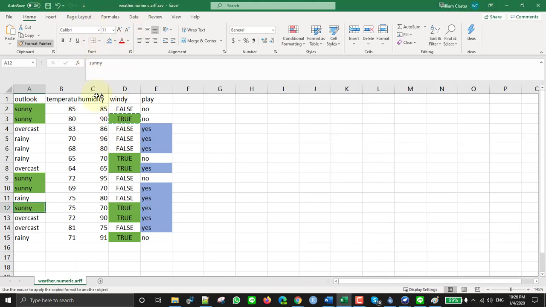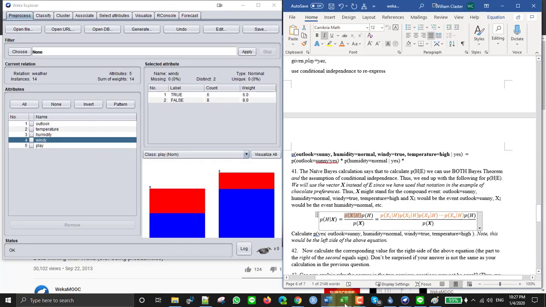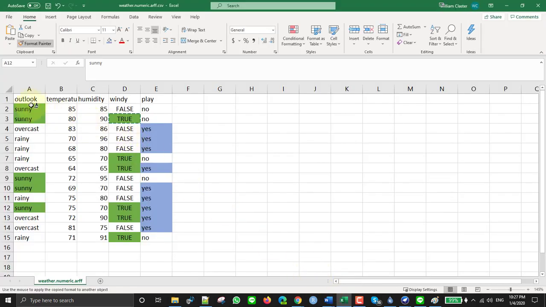We don't have this. This is the wrong data. Okay, so anyway, we could do that. Humidity equals normal. We have to have different data here, not numeric data, but we could identify those, and we could get all the green ones, all the ones that we're interested in. We're trying to calculate, given that it's sunny and humidity is normal and true and high, so there's only going to be a very small set of those because they have to be green all the way across.